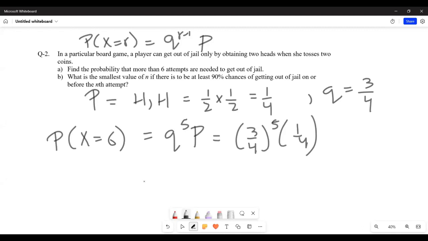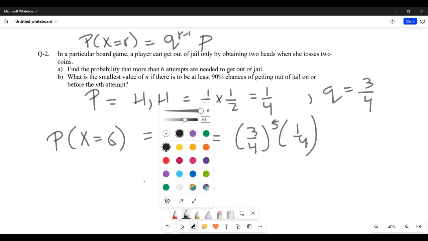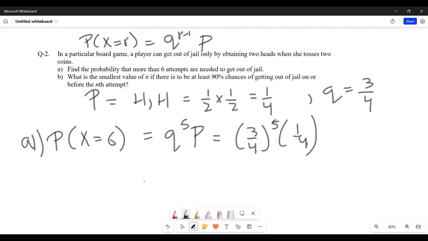Oops, the question was something else. The question was find the probability that more than 6 attempts are needed. So this was not part A. Here, let's call it A1. And now let's do this part.